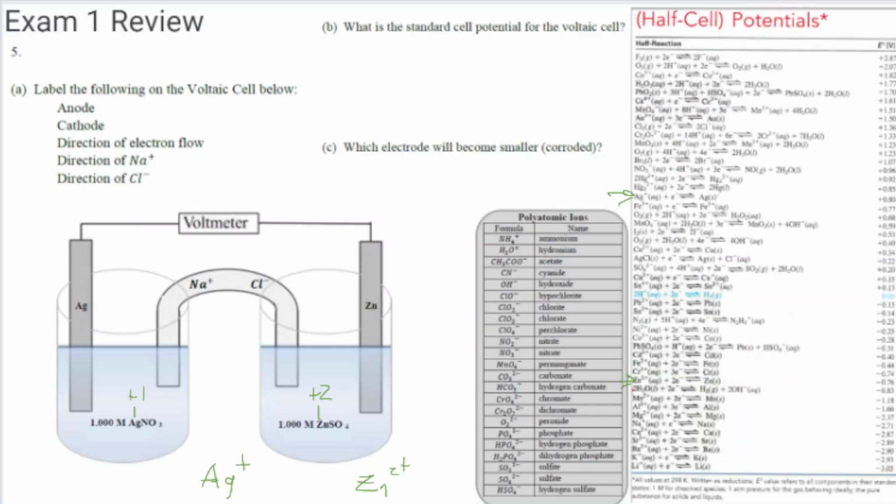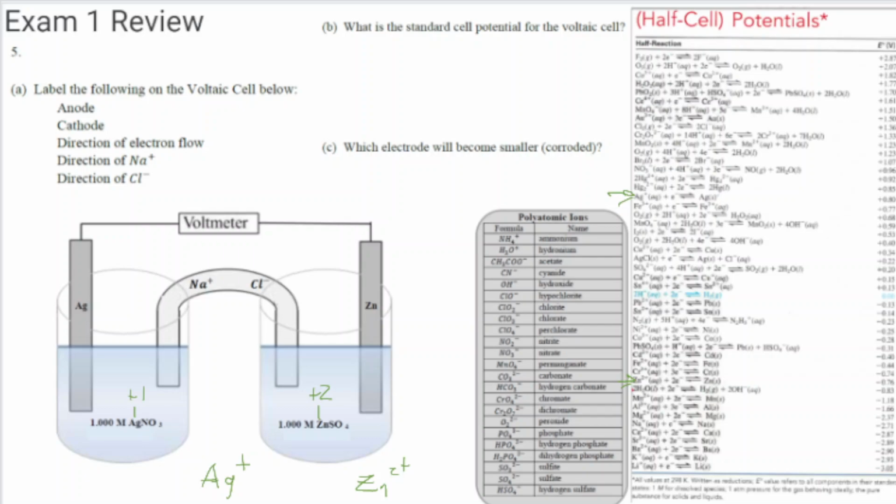Now, looking at these, we can see that we have a positive 0.8 volts and a negative 0.76 volts. So what we want to do is combine these in such a way that we end up with a positive cell potential, or the most positive cell potential. So we need to decide which one we're going to flip. If we were to flip the silver, this would become a negative 0.8 volts, and adding that to a negative 0.76 volts, we'd end up with a negative number, meaning it would be non-spontaneous, meaning that reaction doesn't occur.